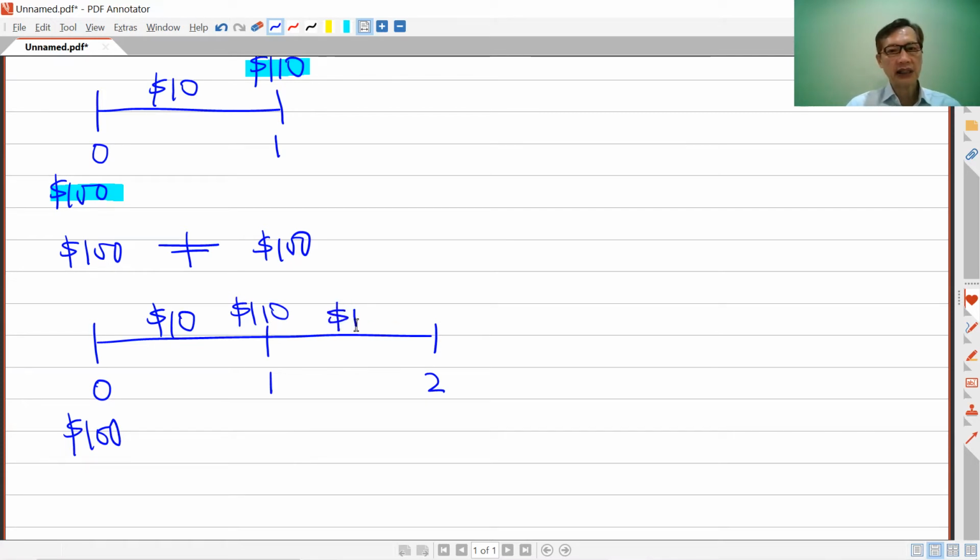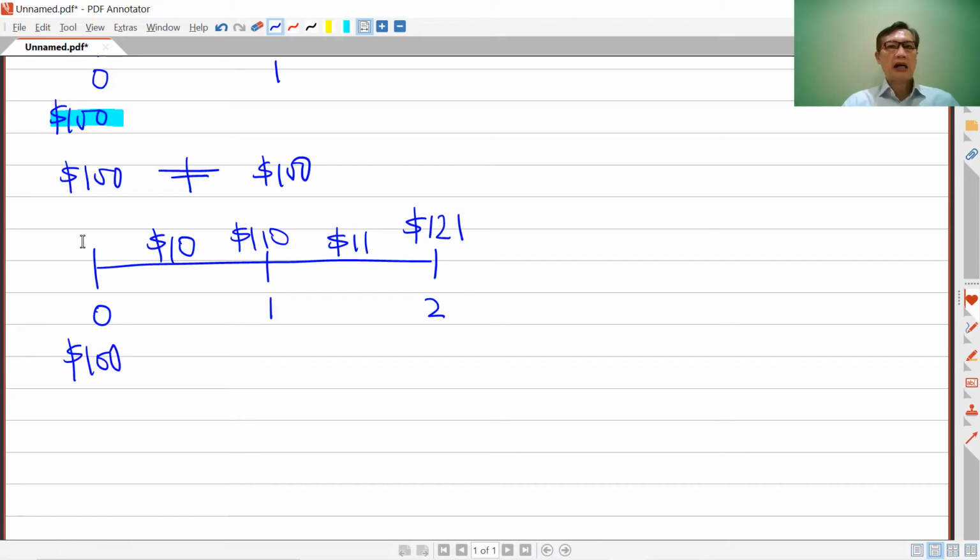That should give you $11 of interest. So at the end of 2 years, the bank should give you back 110 plus 11, that will be $121. So now the $100 will be the same as 110 in year one. It will also be the same as 121 in 2 years' time. So all these will have the same value if the interest given is 10%.